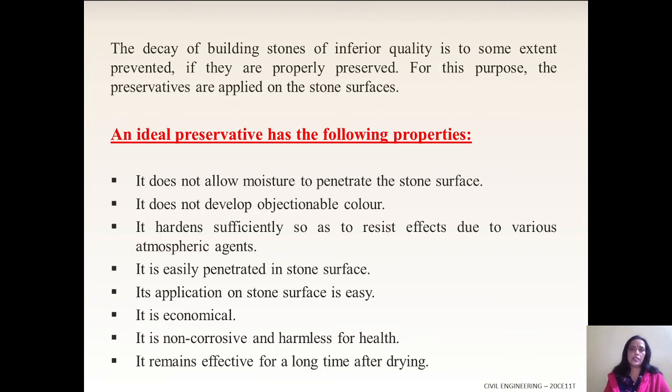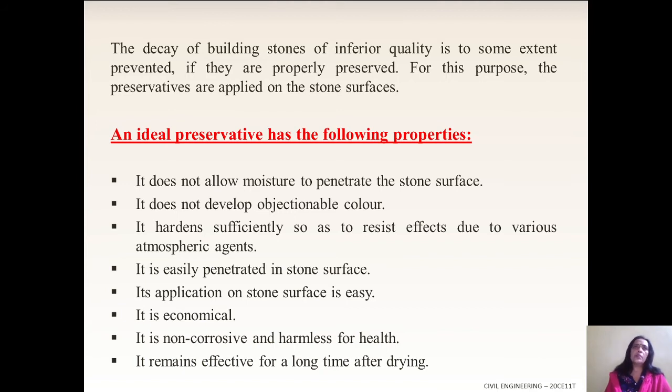Apart from this, the other method of improving the preservation is by using certain materials, substances or chemical solutions, you can say, which prevent or avoid the decaying or which can maintain the quality of the stone surface.